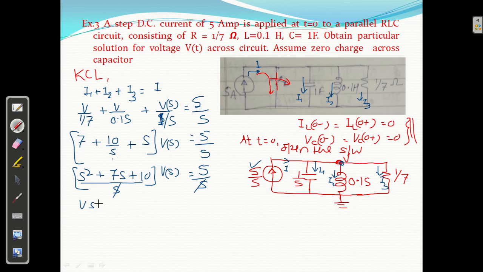So V of S equal to 5 upon S square plus 7S plus 10.